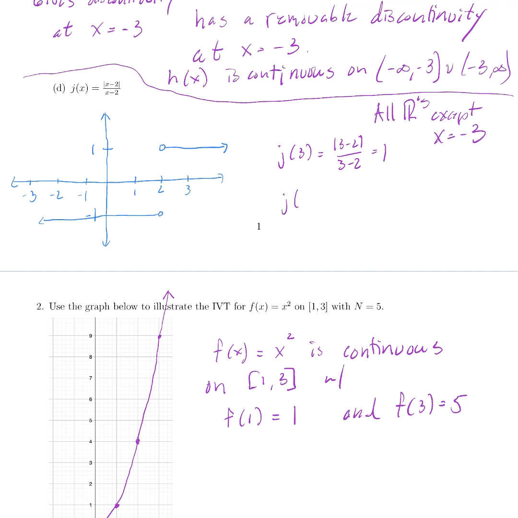But if I take something smaller than 2, like say 0, I get the absolute value of 0 minus 2 over 0 minus 2. Well, the absolute value of negative 2 is 2, but I still have a negative in the denominator, so this is negative 1. So the graph of this looks like a horizontal line at 1 for x's greater than 2, and a horizontal line at negative 1 when x is less than 2.